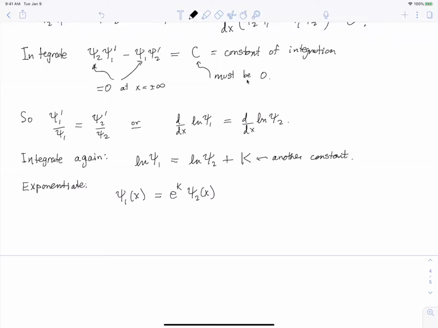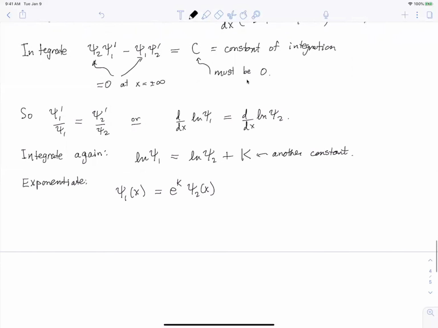So what does that say? That says our two wave functions, which we were assuming were different, are actually proportional. And one of the postulates of quantum mechanics says if you have things that are proportional with a constant, that makes them the same state. So what we've just shown is that, assuming they had the same energy eigenvalue and that they were bound states in one dimension so that we could do these integration tricks, they're actually the same state, and so there's really no degeneracy.